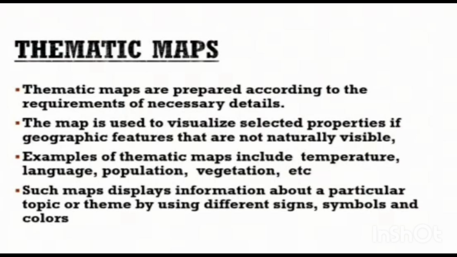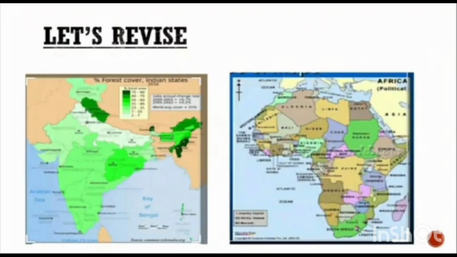So accordingly, we can understand that thematic maps are maps that are prepared only for a particular reason. For example, if you want to know a place where there is heavy rainfall or less rainfall, then we make a thematic map. And if you want to know where wheat is grown, those kinds of maps are known as thematic maps, that are theme based maps.